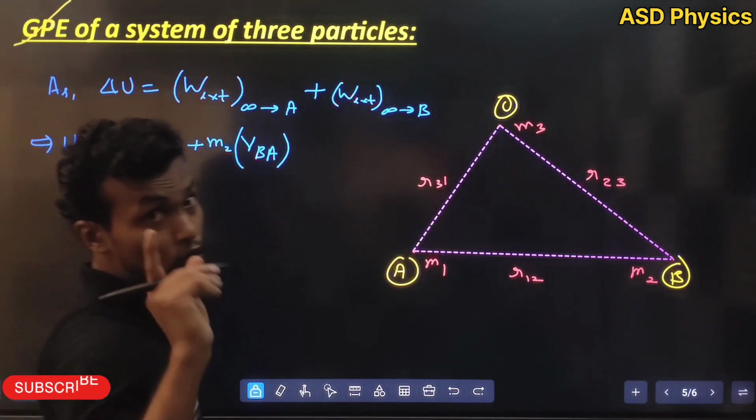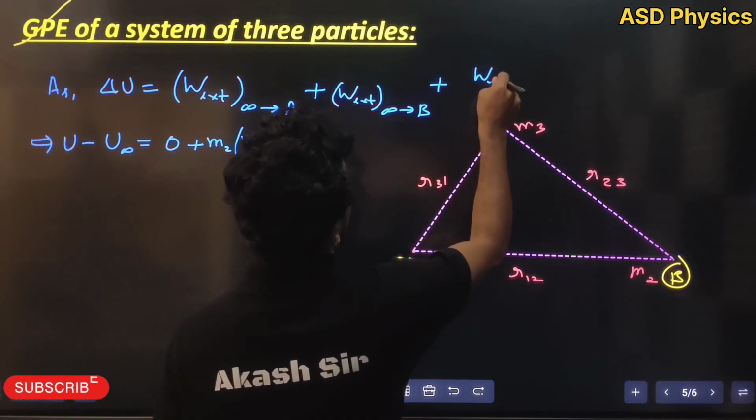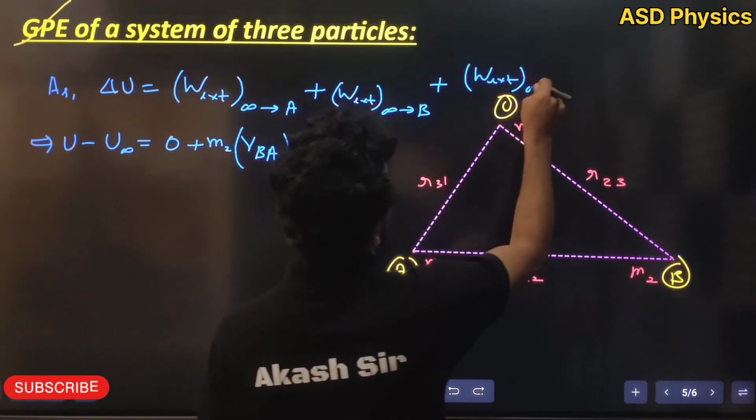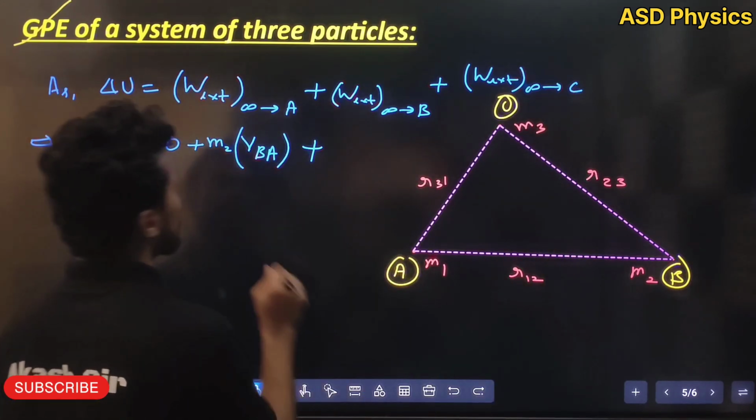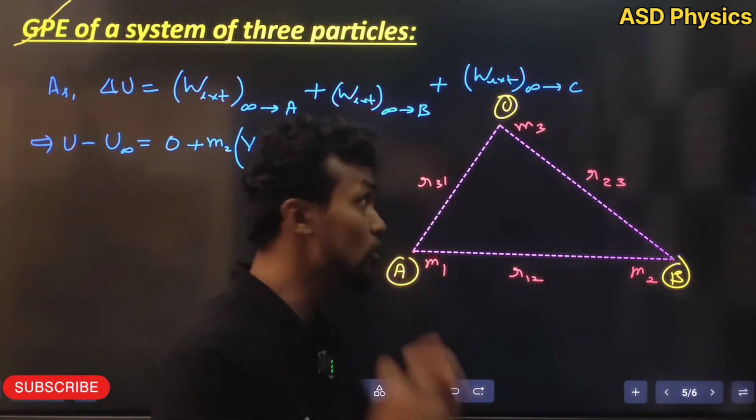So we can write 0 plus M2 times VBA, the potential due to only one mass. Plus, the work done by the external force to take mass from infinity to point C. Now the third mass will enter into the gravitational field of two masses.